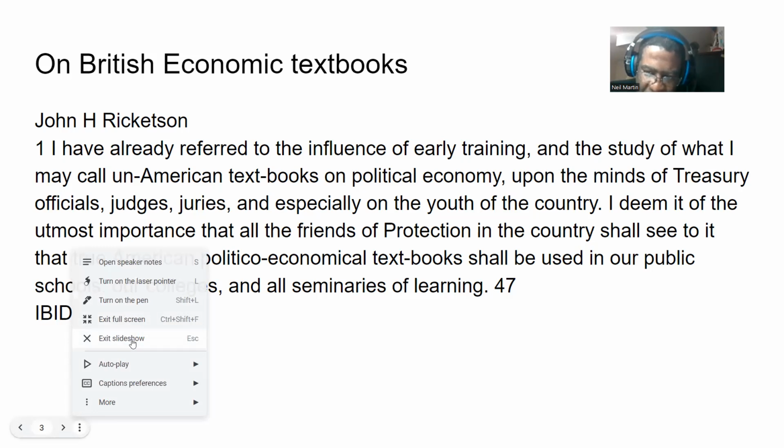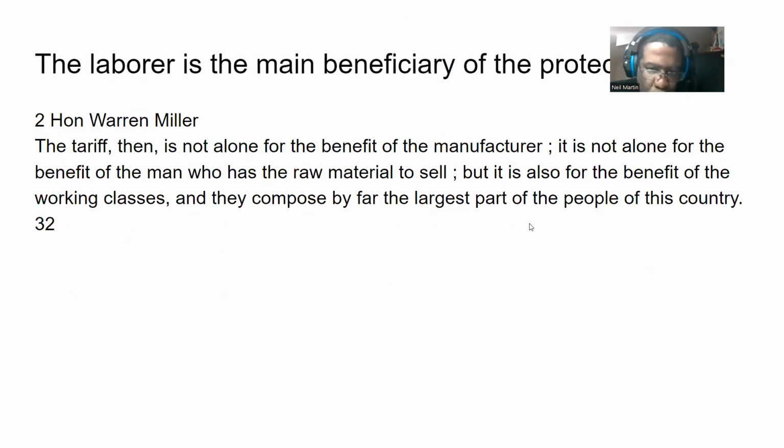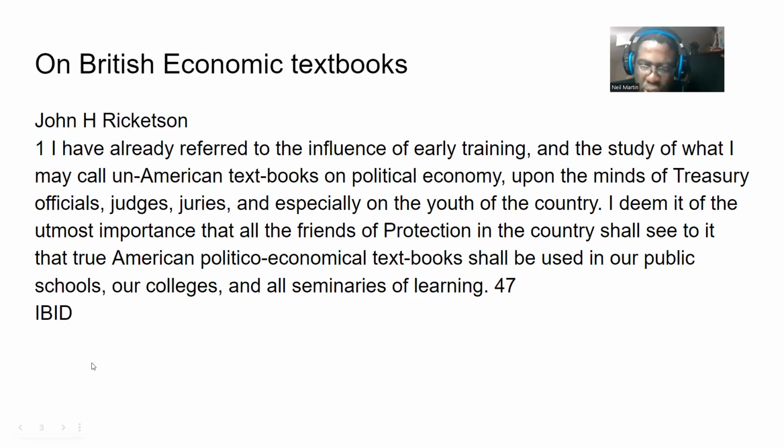They wanted the United States of America to be an agricultural economy. And how were they going to get the United States of America to fall in love with free trade? Put it in the textbooks. Students never question the textbooks at all whatsoever. The universities, the colleges, the schools don't do it at all.